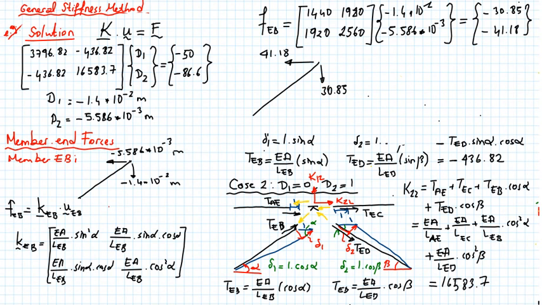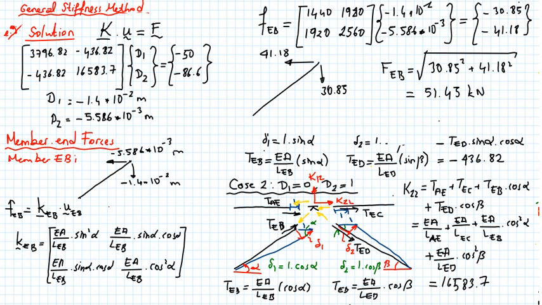So the resultant, let's call it FEB, is equal to the square root of 30.85 squared plus 41.18 squared, and the result will be 51.45 kilonewtons, and it will be a compressive force.